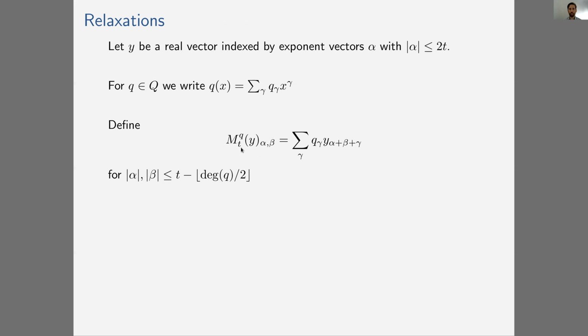We use the notation M_t^q of y, and the alpha beta entry is this sum: we sum over gamma, q_gamma times y of alpha plus beta plus gamma. And this is a finite matrix. So this is only defined for exponent vectors of degree at most t minus half the degree of q, rounded down.